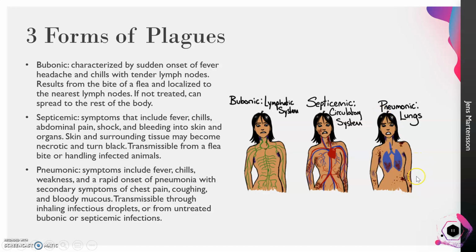This happens if you inhale infectious droplets, or can be if you did not get treated when you had the first symptoms in the bubonic stage, the bubonic plague and the septic plague. So it's very important that you see your provider or go to the emergency room as soon as you develop those symptoms.